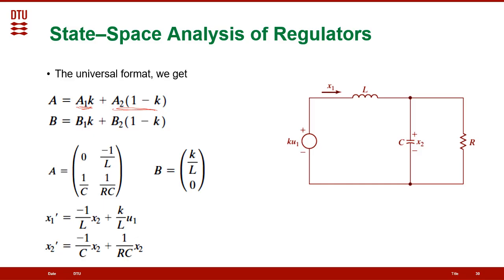What we can see here is that x1 dot, which means the current in the inductor, and x2 dot, the voltage across the capacitor, depend on this equation. They actually depend on u1 or u1 k. As you can see, this is my input. My input is actually k u1, or I can say it's equal to k Vs.